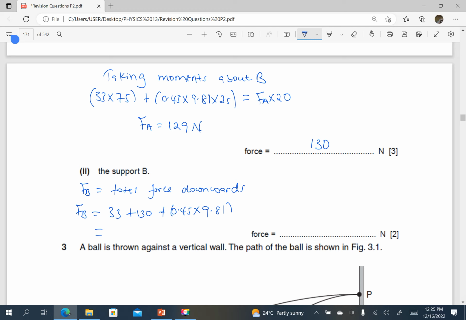So this is giving me a total of 170 newtons to two significant figures. You can also verify that.